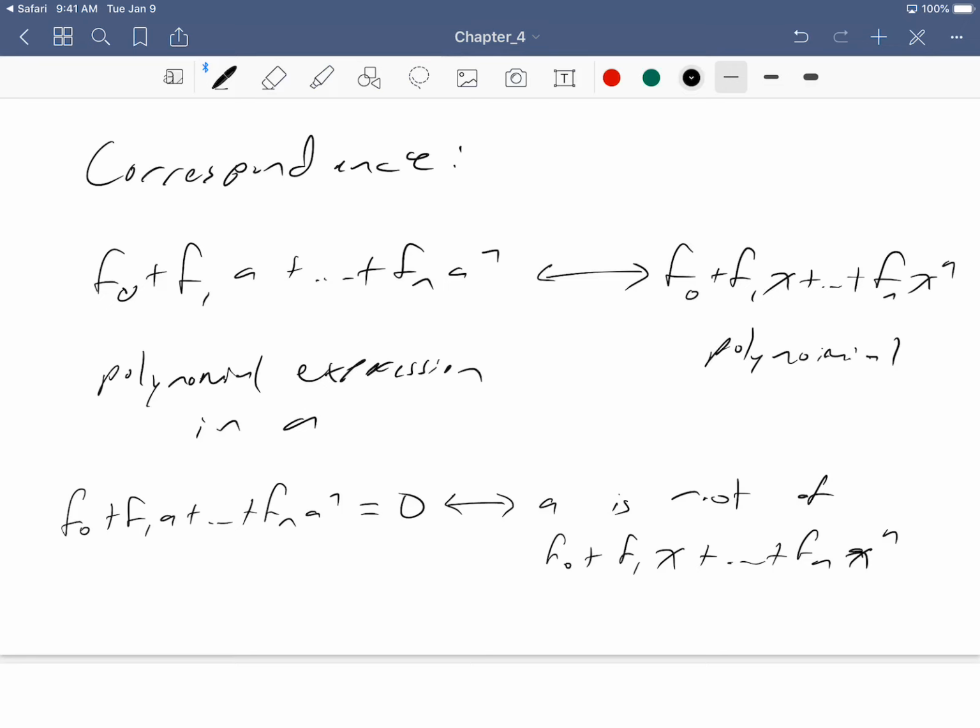And remember, that expression set equal to 0 says something about the set of vectors 1, a, a squared, up to a to the n. It says those are linearly dependent, and that's going to be useful to us also. So we're taking these polynomial expressions in a and turning them into polynomials. Chapter 5 coming up is going to be on polynomials. Some of it will feel very familiar and parts of it will be somewhat new.